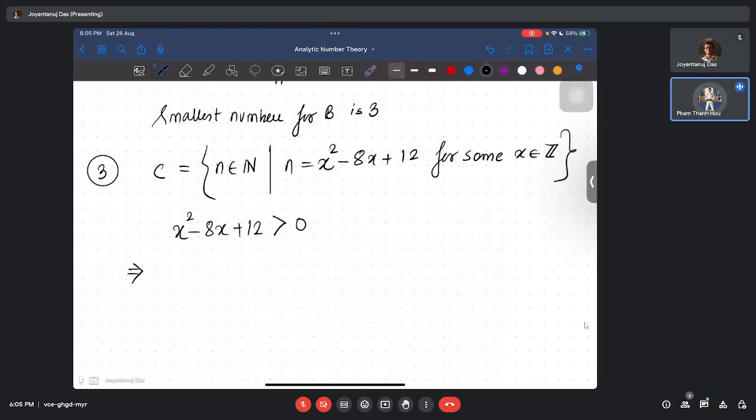Wait a minute. Maybe we need the delta. Yes, you can do that also. This is 2AB. So B equal to 4.